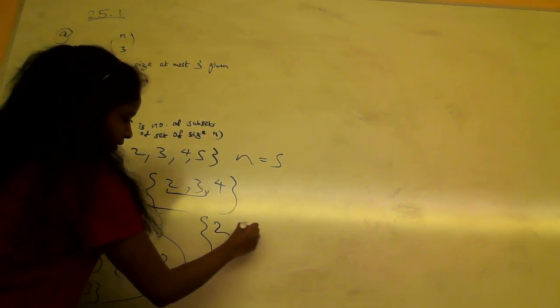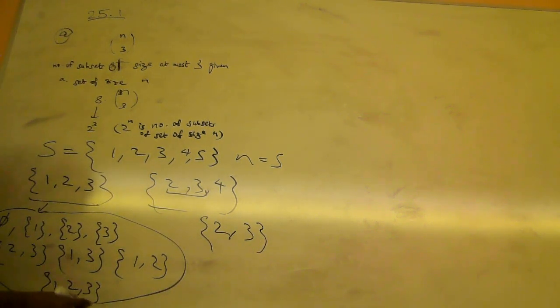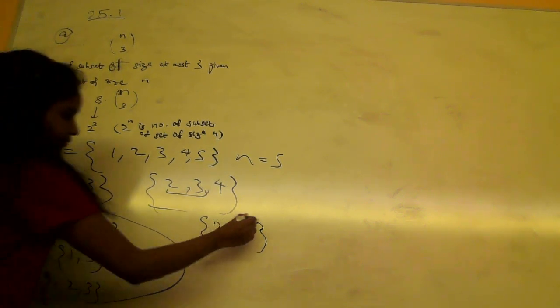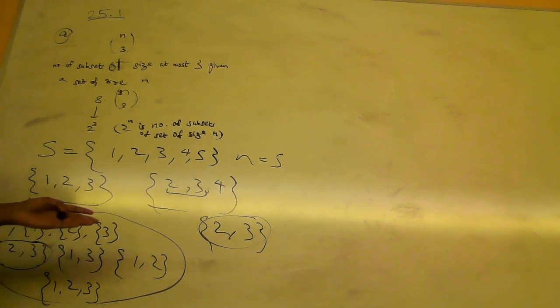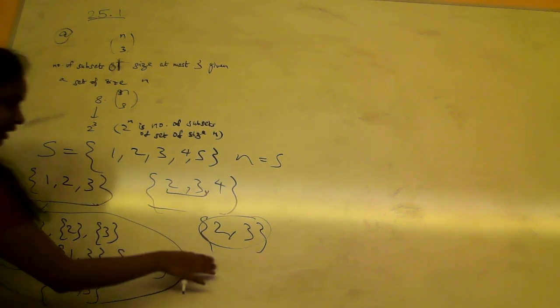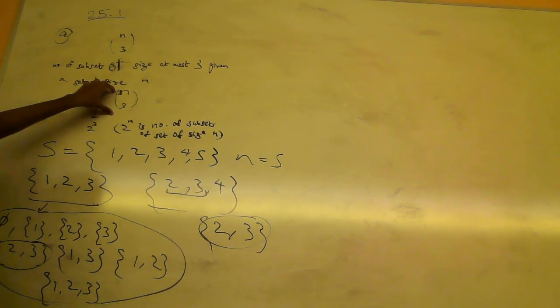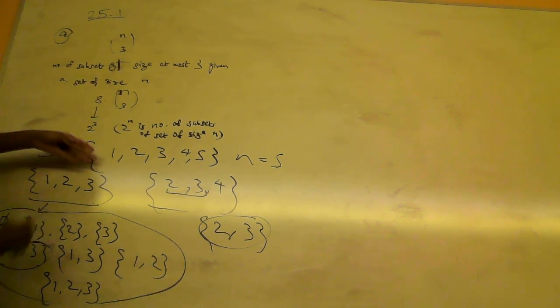Since both elements 2 and 3 belong to this set, {2, 3} is a subset of it. So we can see that {2, 3} is counted twice, because this will be one of the subsets of size 3 in S, and this will be another one of them. So {2, 3} will be counted twice because we multiply every single one of the subsets of size 3 of n by 8.